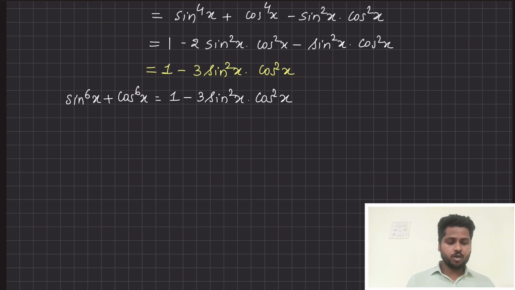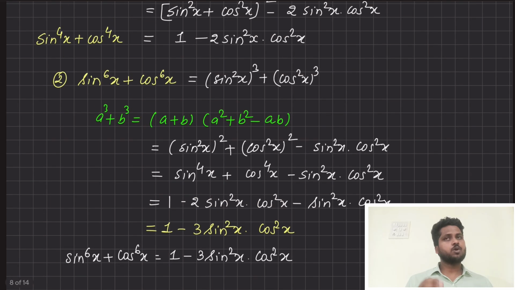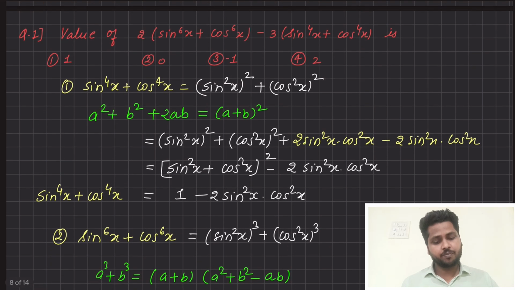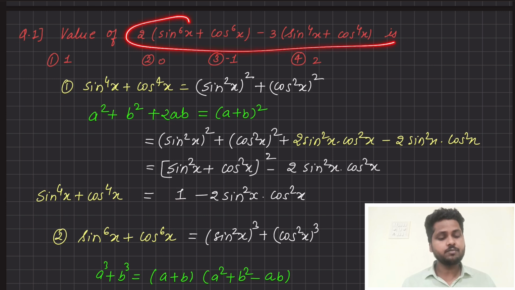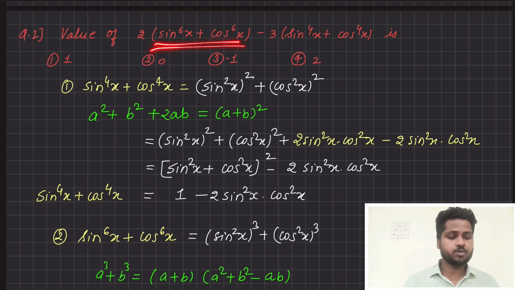Understood? I hope everyone has understood how we find sine raised to 4x plus cos raised to 4x and sine raised to 6x plus cos raised to 6x. Now I will take the expression whose value we have to find and substitute these values in place of sine raised to 6 plus cos raised to 6 and sine raised to 4 plus cos raised to 4.